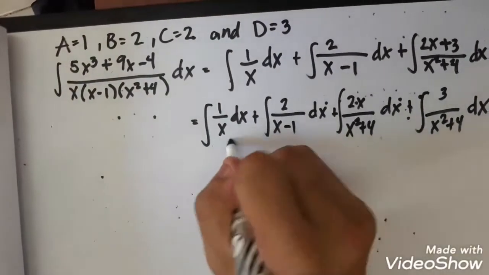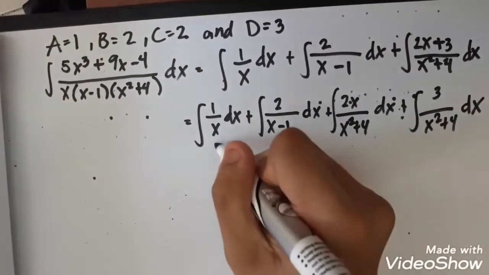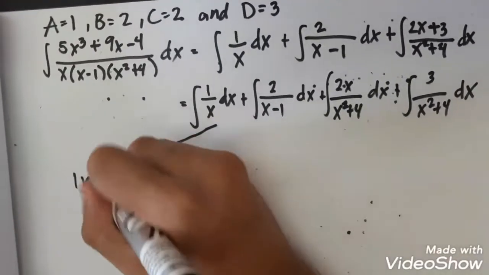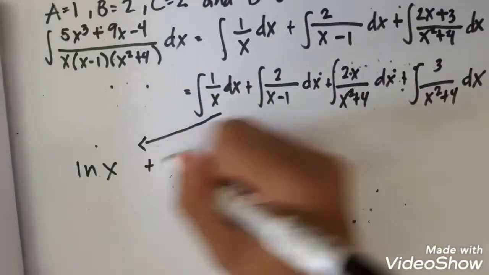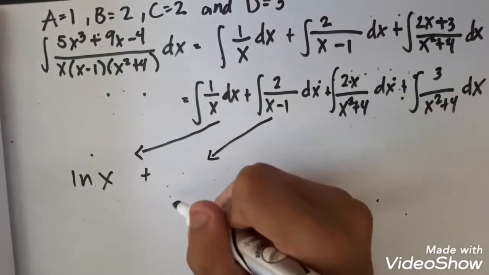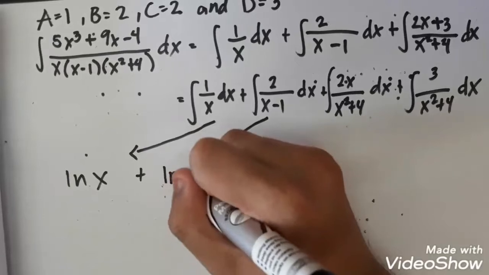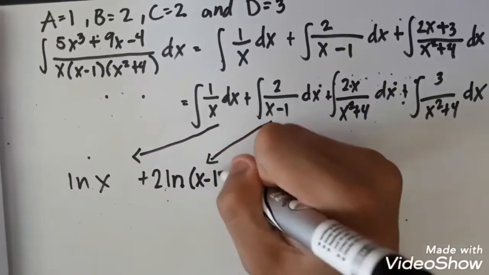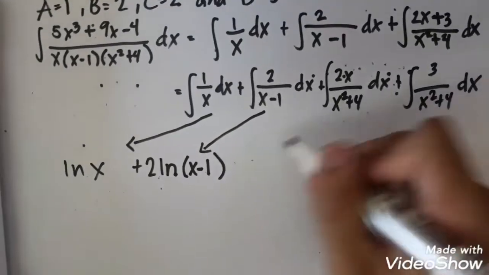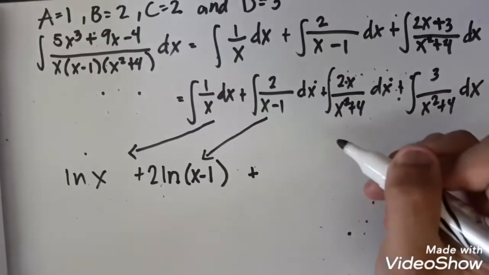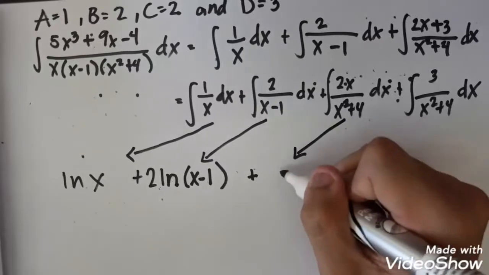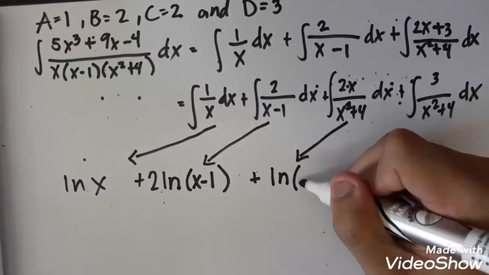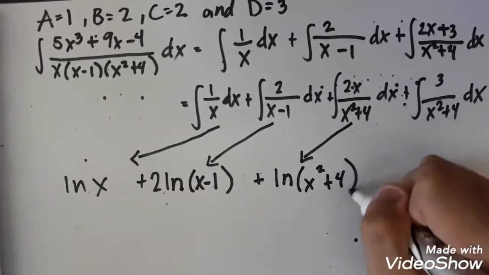So for this one, it will result in ln x plus 2 ln x minus 1 plus ln x squared plus 4.